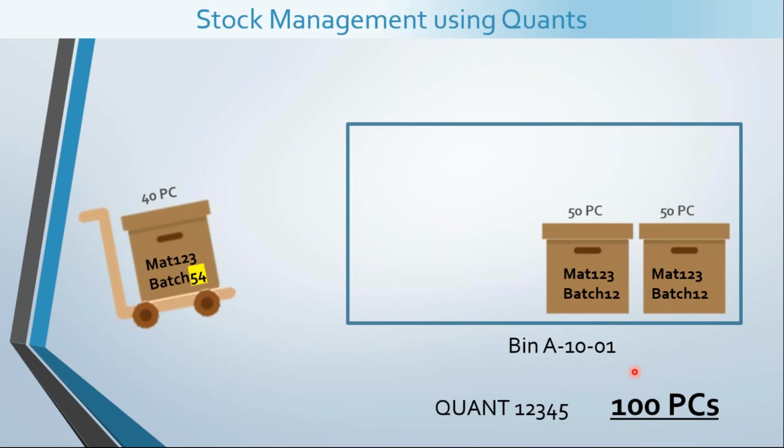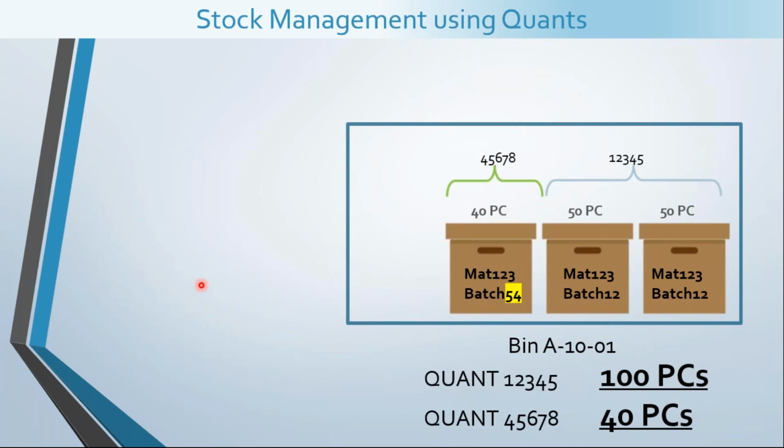Okay, but if these 40 pieces that we are now receiving from the vendor belonged to a different batch, let's say batch 54, and then if we store it in the same bin, system doesn't update the existing quant because this time one of the characteristics is different.